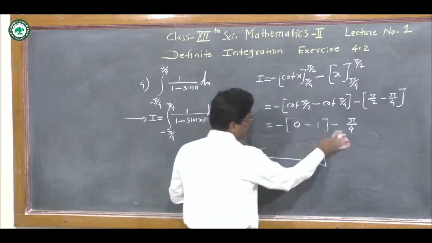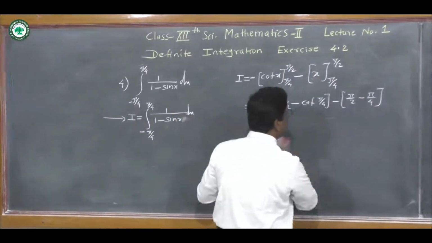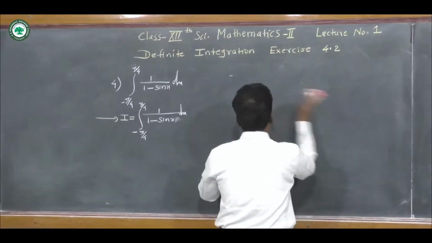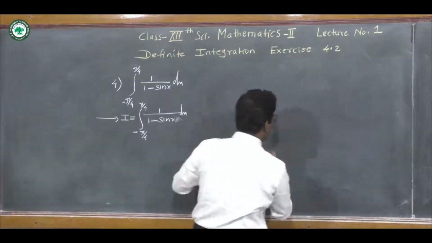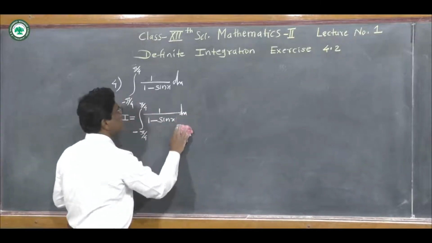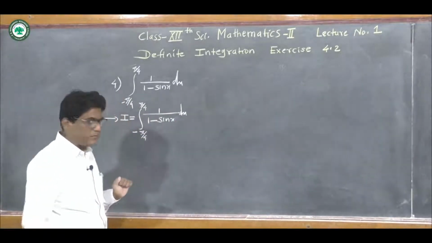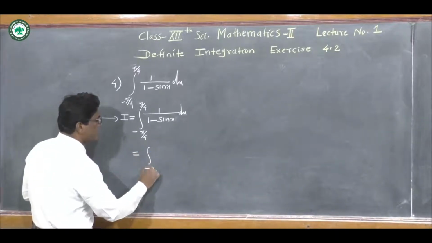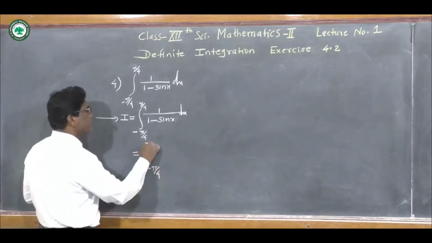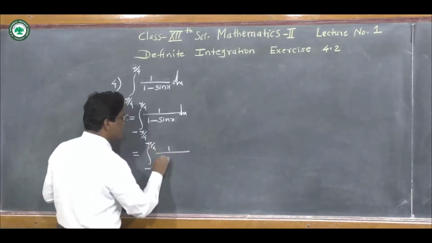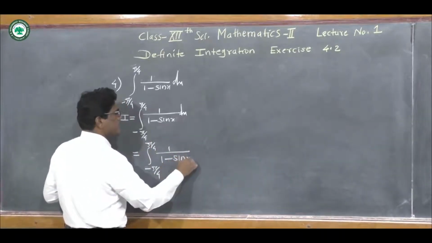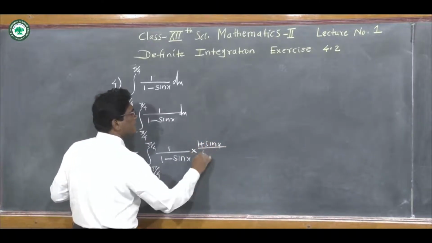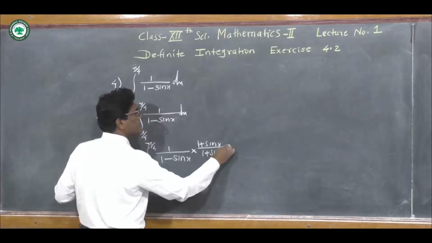Now here we take the conjugate of the denominator and multiply to numerator and denominator. What is the conjugate of the denominator? Here 1 minus sin x, so we take 1 plus sin x and multiply to numerator and denominator. So it is equal to integration from minus pi by 4 to pi by 4, 1 upon 1 minus sin x as it is, into 1 plus sin x divided by 1 plus sin x dx.